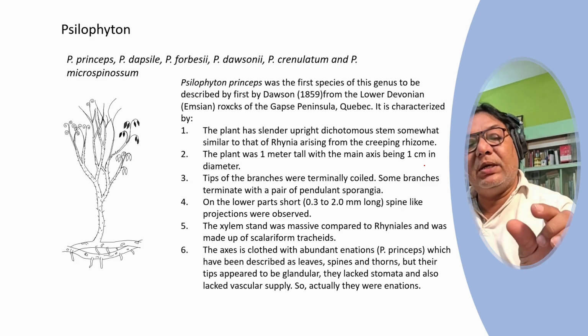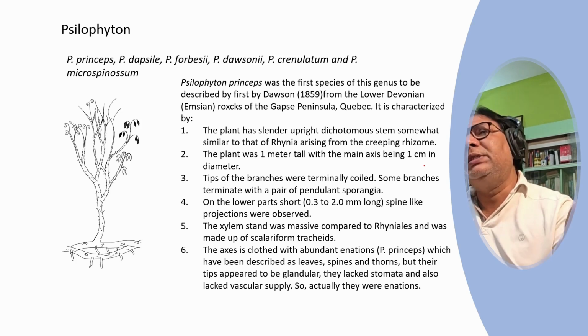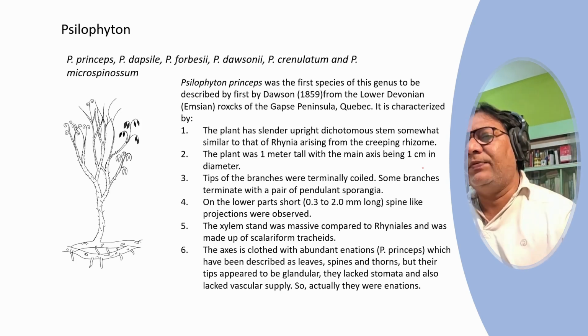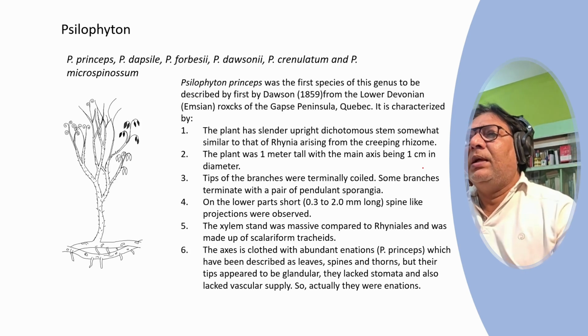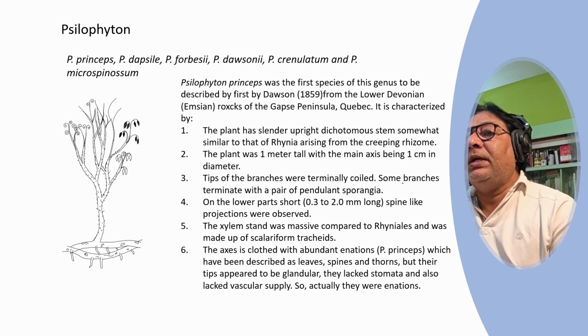You can imagine it as more or less the size of a tulsi plant, just for the sake of imagination. Tips of the branches were terminally coiled. Some branches terminated with a pair of pendulous sporangia. On the lower parts, short spine-like projections, about 0.3 to 2 millimeters long, were observed.